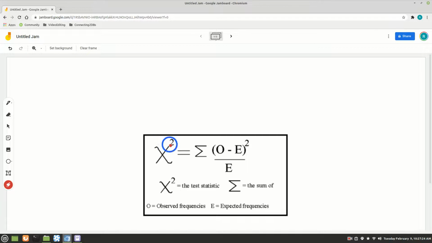And what chi-square is specifically good at is testing to see if ratios are close to one another, or they're vastly different. It is about a ratio between two numbers, two sets of numbers.